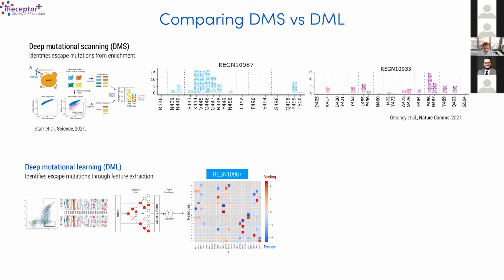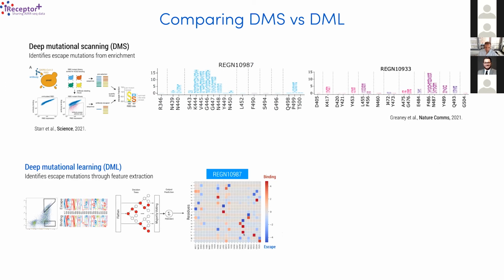If you take a look here at Regeneron 10987, a really interesting observation is that you see a lot of escape. Wait, I think I've made a mistake. I apologize. Escape is red in this version and binding is blue. So please forgive me, but escape is actually red.